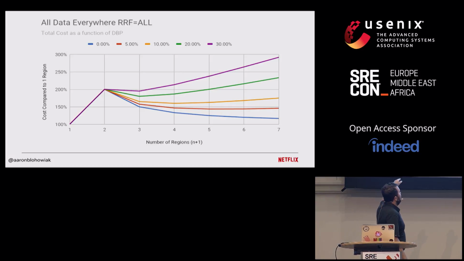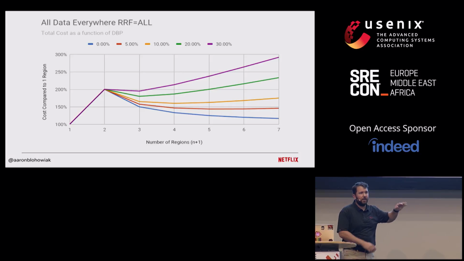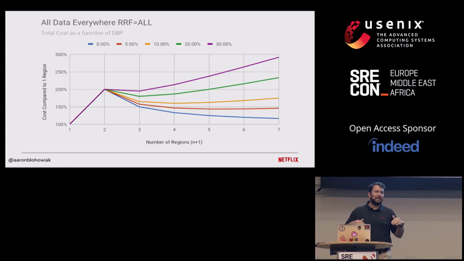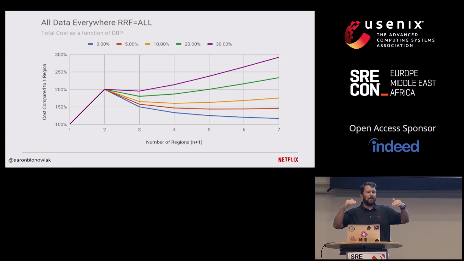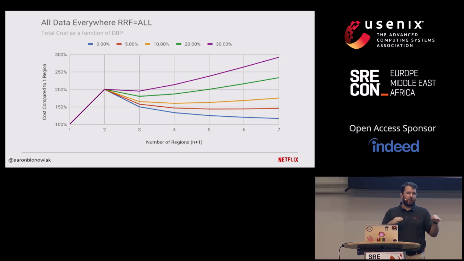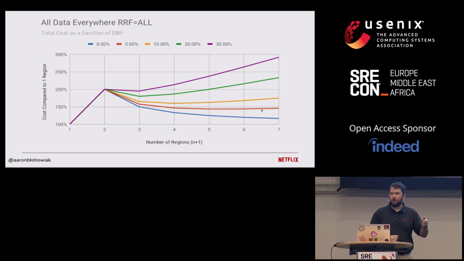Well, this blue line is if your database portion is 0, so that's what we just saw a few slides ago. That's the theoretical minimum. And then as the database portion increases as a function of that 100%, you find that the knee in the curve moves from the higher regions to the lower number of regions. So for instance, this red line is if 5% of your costs were your database, orange is 10, green is 20, purple's 30.